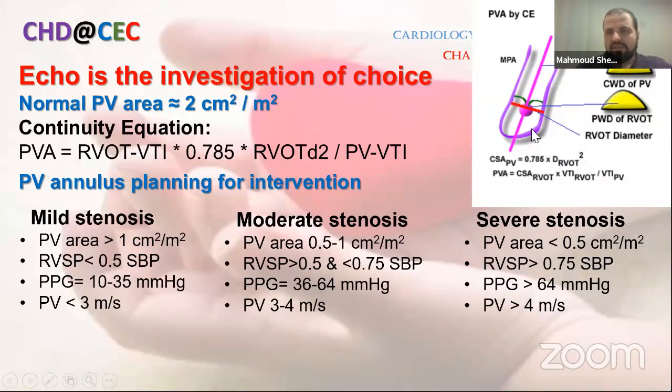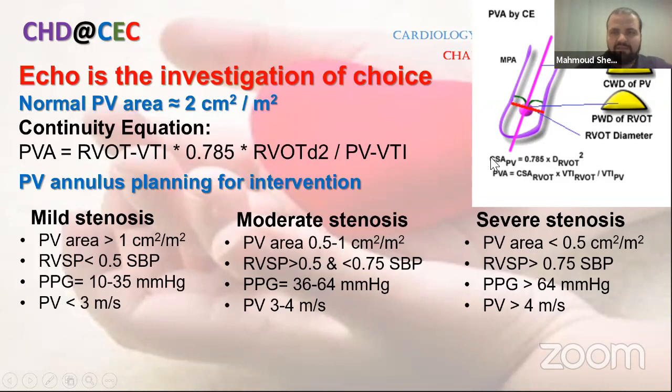And you use a pulsed wave Doppler below the pulmonary valve to get the RVOT VTI. And use continuous wave across the whole RVOT and the pulmonary valve to get the VTI across the pulmonary valve. And using this equation, you multiply the RVOT diameter squared by the RVOT VTI by pulsed wave Doppler by 0.785, which is a constant in the equation.